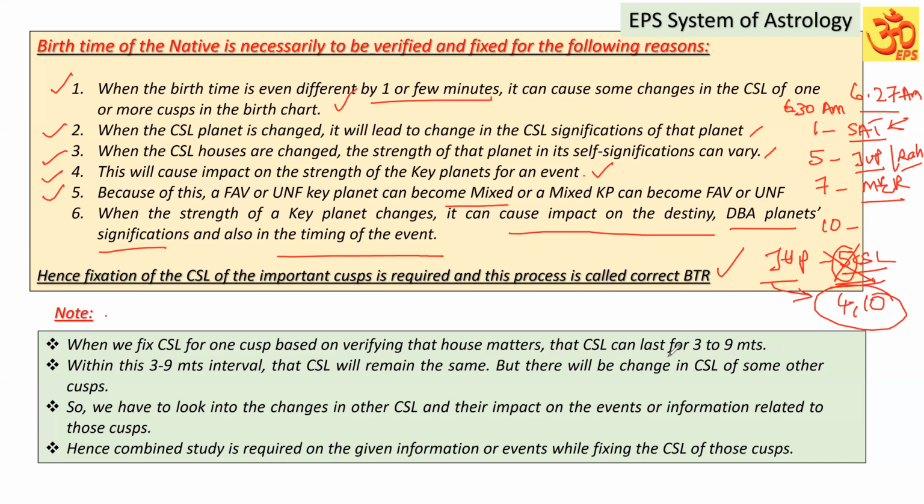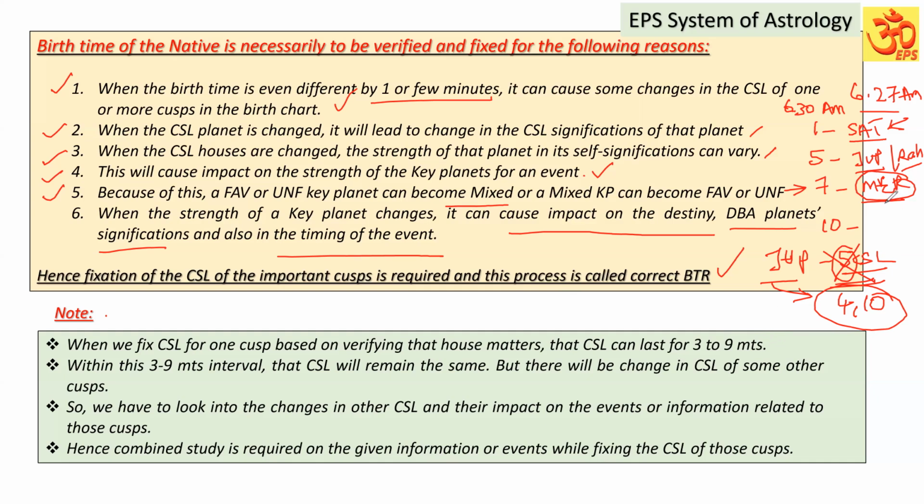Suppose you are verifying the timing of the marriage event, and you are fixing that the seventh cuspal sublord is Mercury, which matches the event well. That Mercury can last for 9 minutes. Suppose it is Ketu, it can last for 3 minutes. So depending on the sublord, that duration of the cuspal sublord will vary.